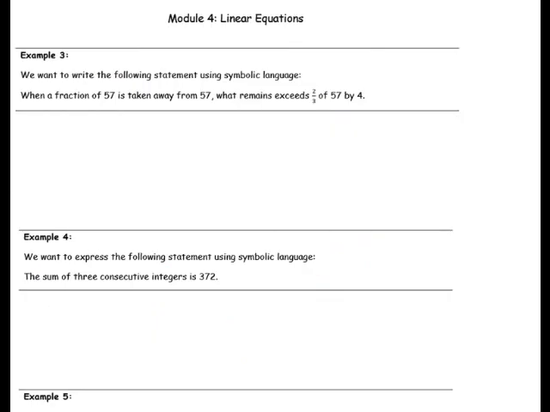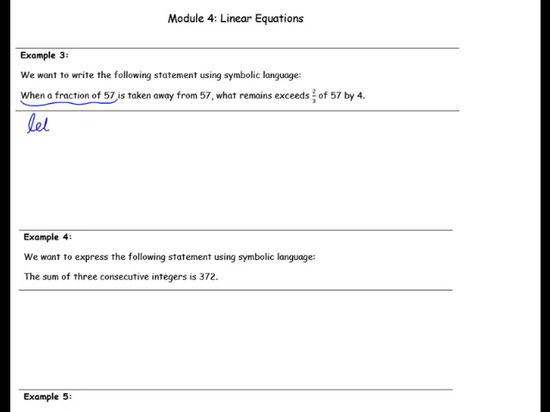When a fraction of 57 is taken away from 57, what remains exceeds 2/3 of 57 by 4. Let's start by defining a variable. It says when a fraction of 57 is taken away from 57.